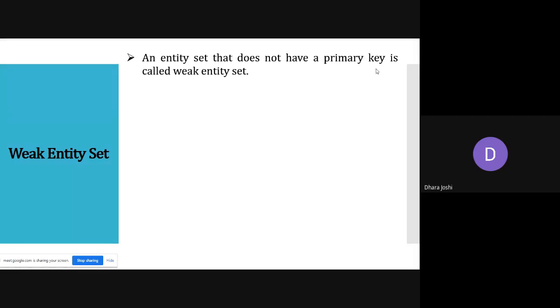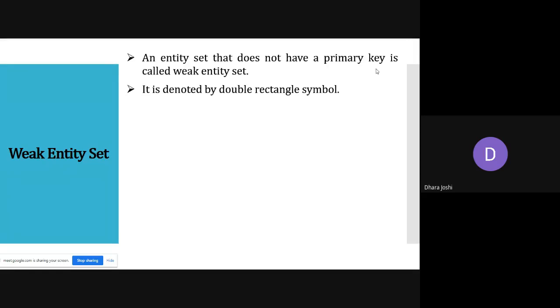That means if they have 100 records, then from those 100 records, I'm not able to distinguish one particular person. So it is called a weak entity set. A weak entity set is denoted by a double rectangle symbol.